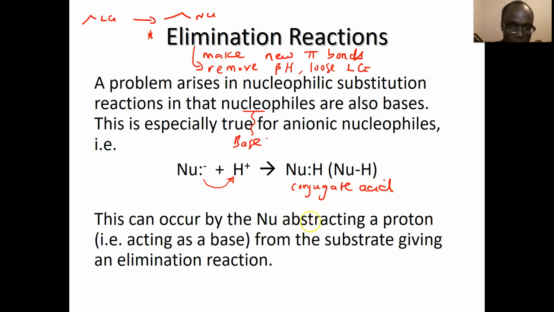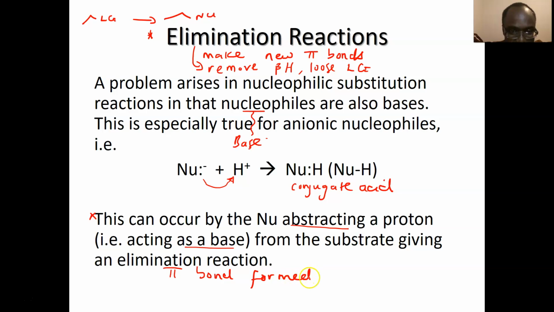Again, what would have been the nucleophile is used to abstract a proton, and in doing so it plays the role of a base, not a nucleophile. In that case, you make a pi bond by elimination reaction.